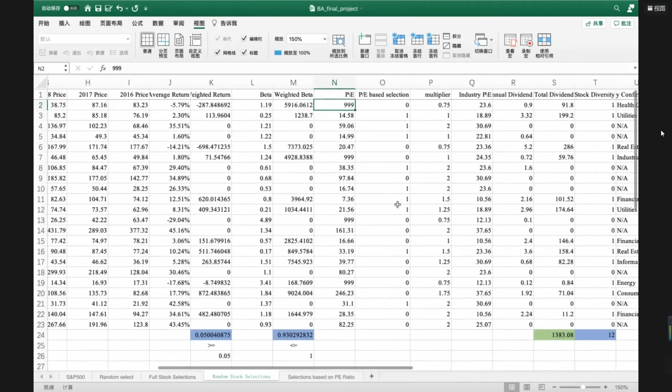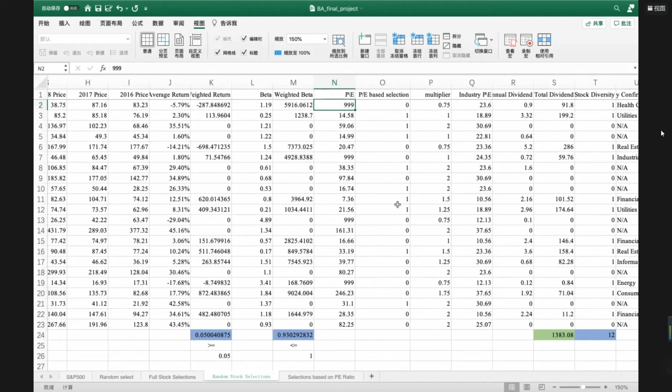And then talk about our multiplier. So the multiplier is basically purely my subjective choice and opinion. So I score 1 point to the companies with growth rate between 0 and 5%, 1.25 points to the companies with growth rate between 5% and 10%, 1.5 points between 10% and 15%, 1.75 points to the companies with growth rate between 15% and 20%, and 2 points to the companies with growth rate above 20%.